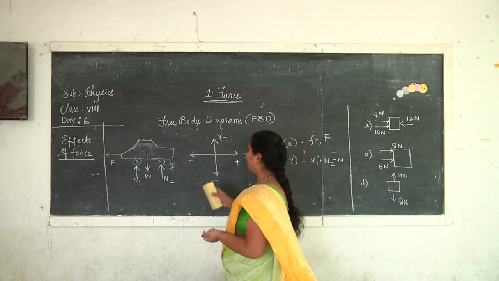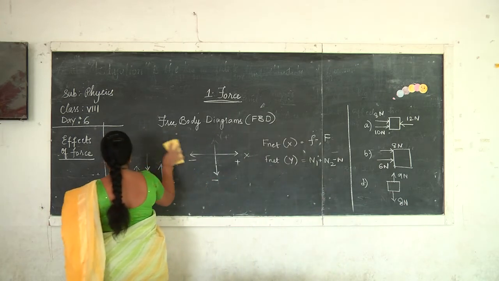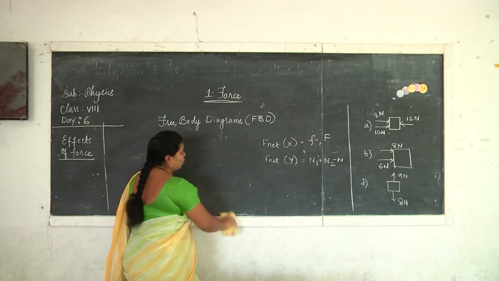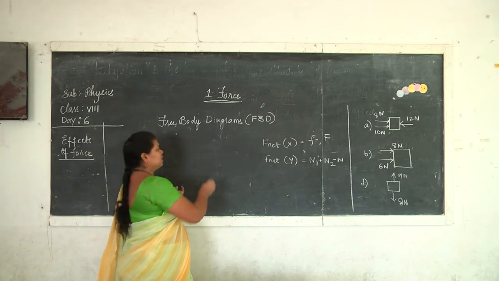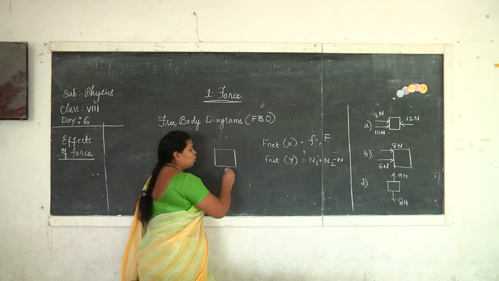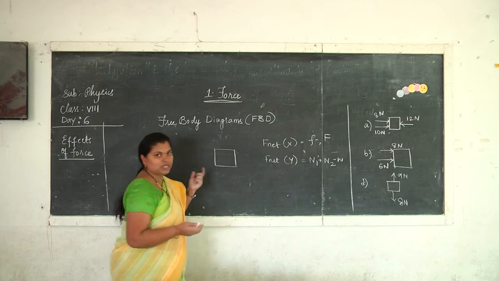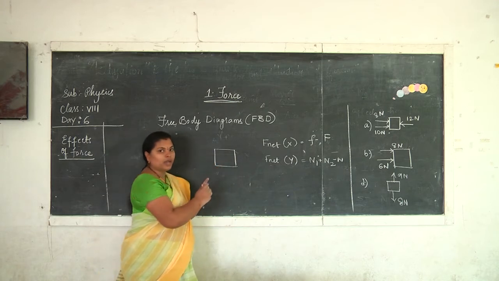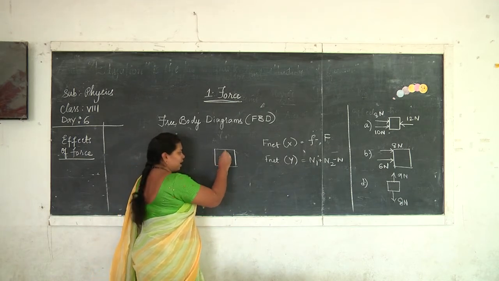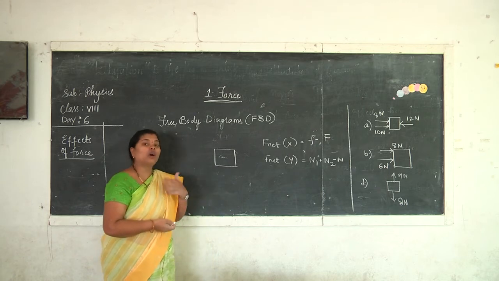So for example, if I have to draw a free body diagram of a moving car, I can just trace a box like this. No need to draw the car, or color and the shape of the car is not to be mentioned. I can just draw a square. Now if this is my car, I have to show what are the forces acting.